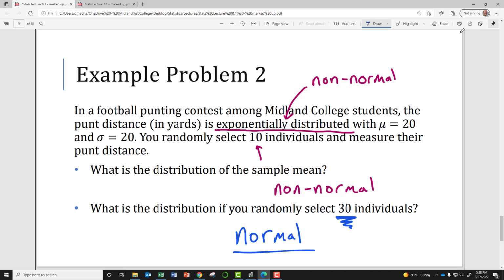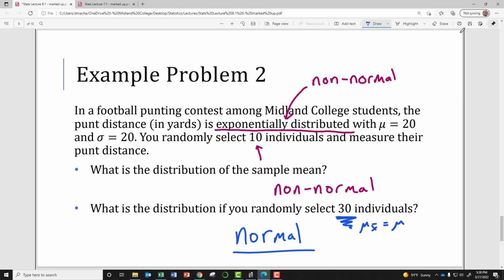Okay, what about this one? Again, this doesn't make sense to ask about the mean and the standard deviation really. In this case of the first bullet, when we do have a normal distribution, we can calculate the mean and the standard deviation.